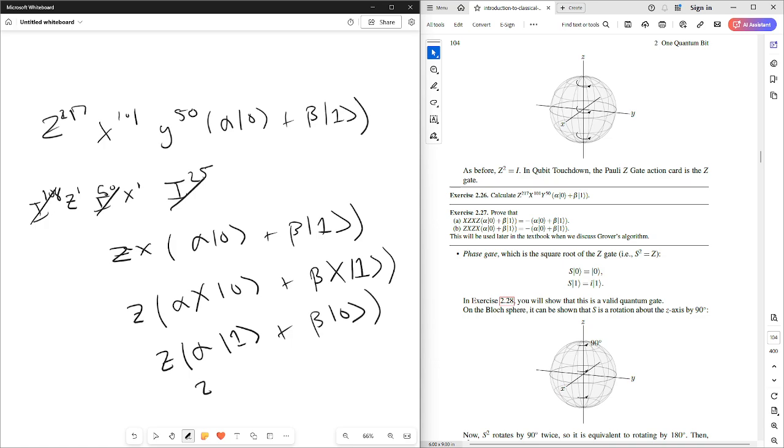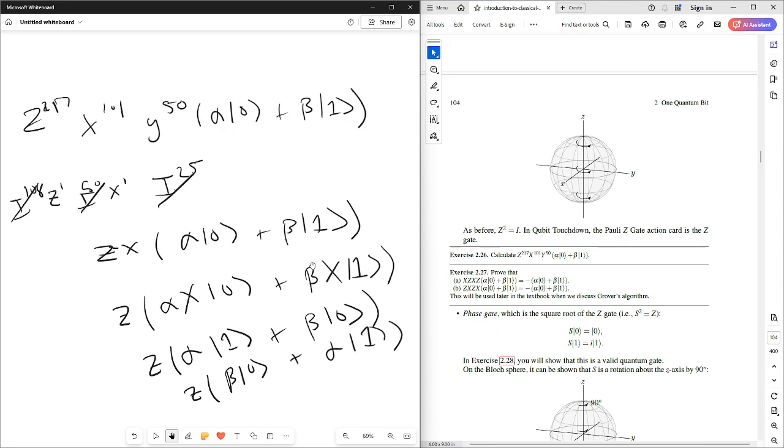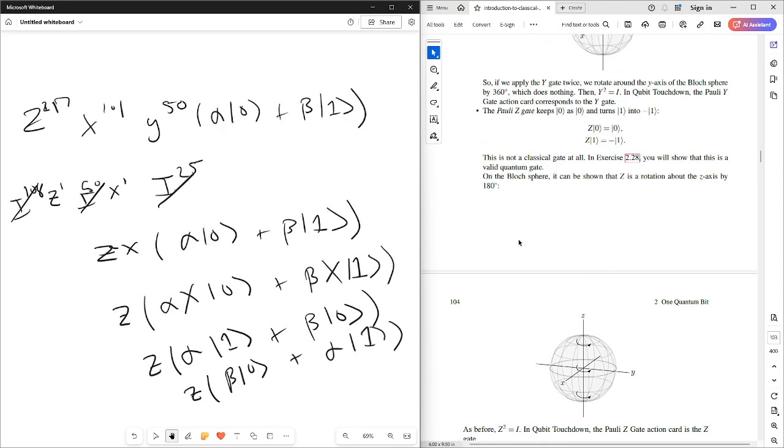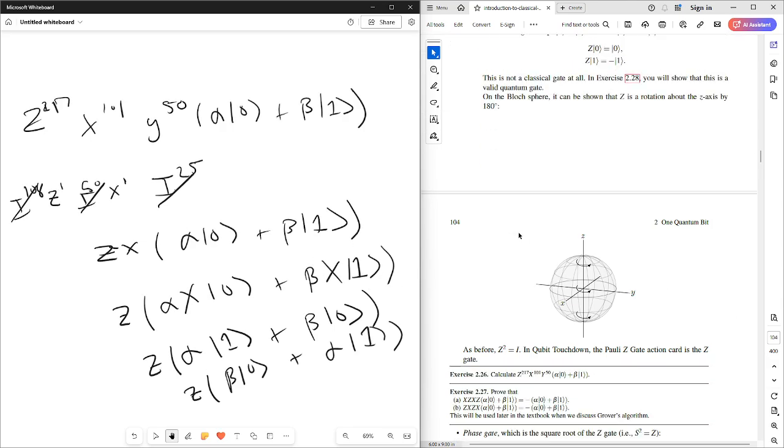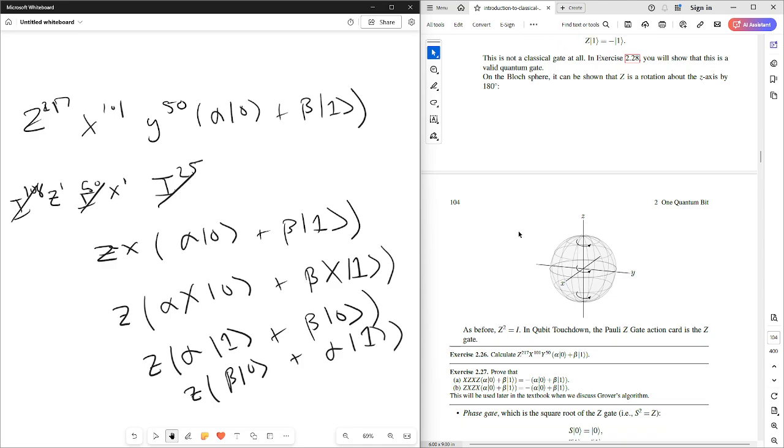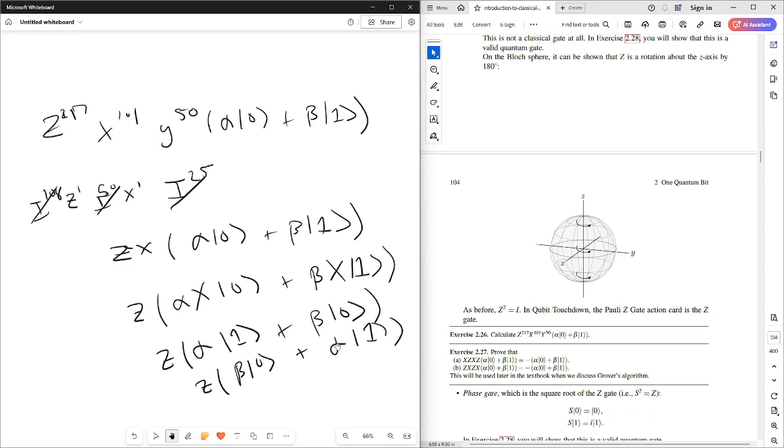So we can rewrite here real quick before we do the Z. So beta of 0 plus alpha of 1. The Z gate keeps 0 as 0 and turns 1 into an amplitude of minus and a state of 1.